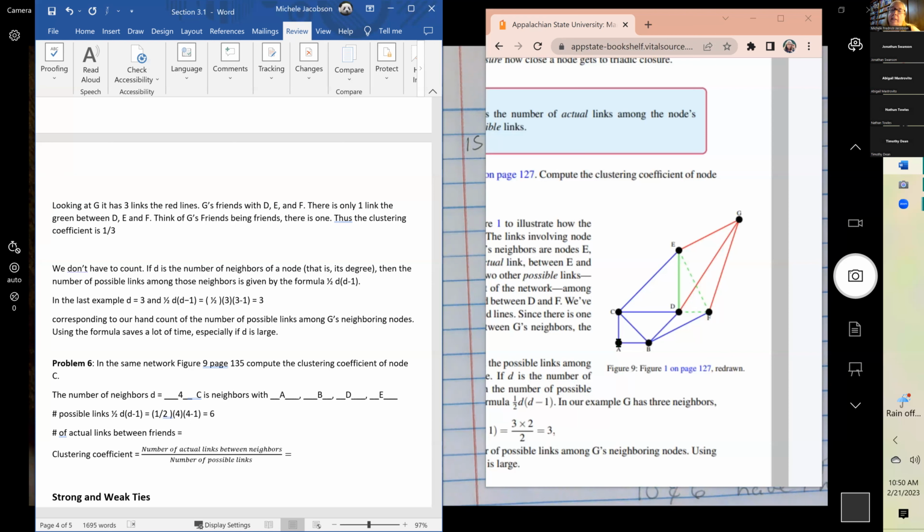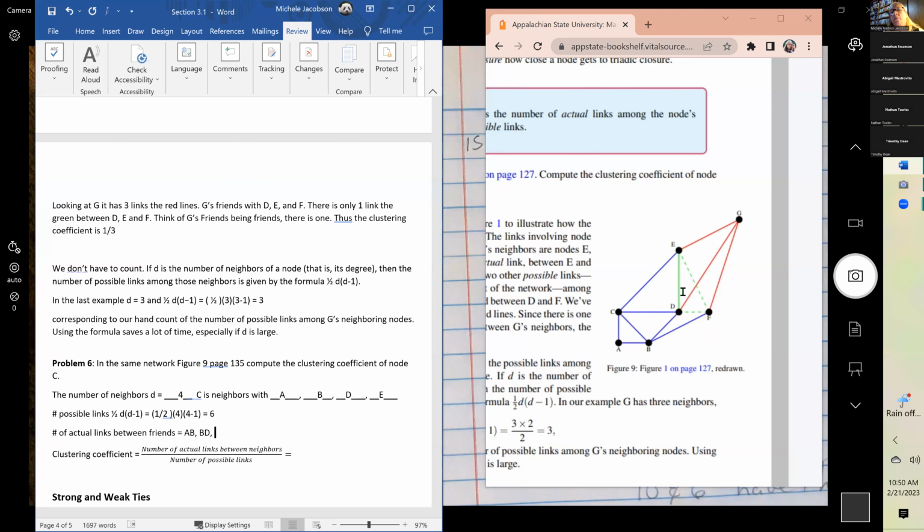So if we look at C, we have A and B are friends. B, D, that was one of them. E, yeah, E was one, right?